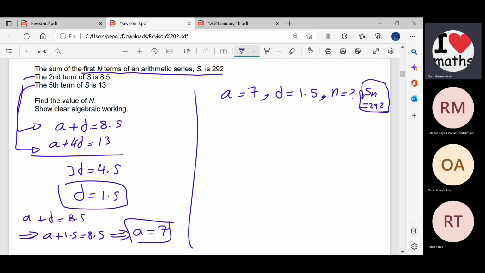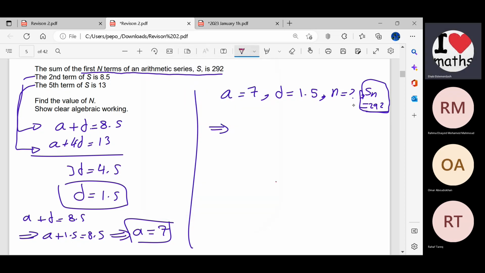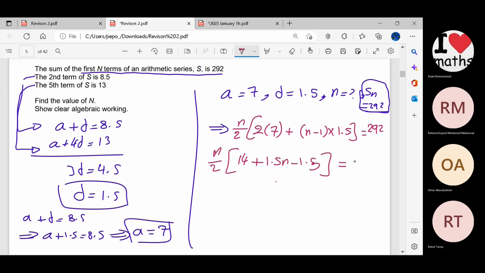They will give you three and ask you to find the fourth one. They give a, d, and Sn, but not n, so I work with the formula: Sn is n over 2 times (2 times 7 plus (n minus 1) times 1.5) equals 292. With direct substitution it will be n over 2 times 14, plus 1.5n minus 1.5, equals 292.